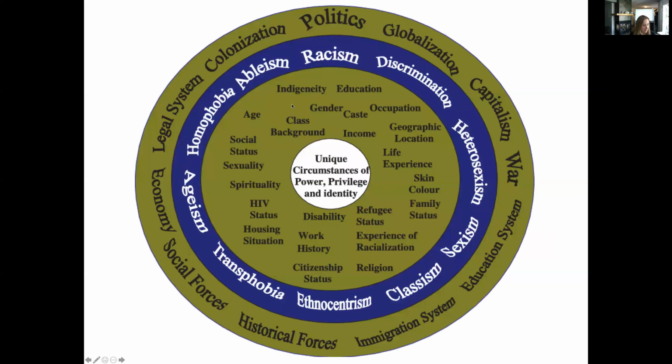Now, I like this image because it really illustrates effectively root causes. So if we start from the outside and work our way in, as an example, we can see there's colonization and historical forces, just as two examples on that outer system, and how that has played out in our history has led to racism, as an example, and ethnocentrism, and then that directly impacts indigeneity.